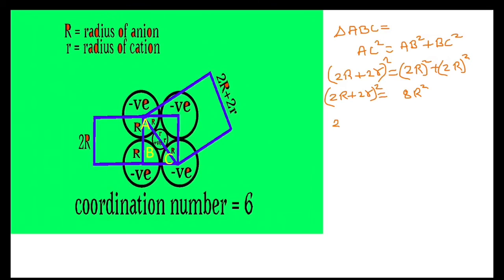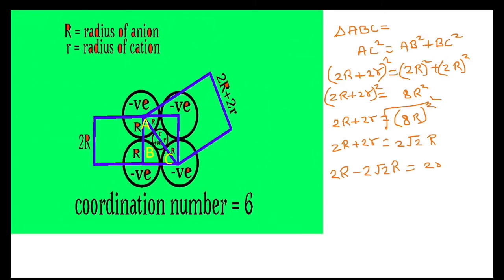Now 2R whole square plus 2R whole square is equal to 8R whole square, and the square root of it is 2 root 2R. Now substituting it, 2R minus 2 root 2R is equal to 2 small r.